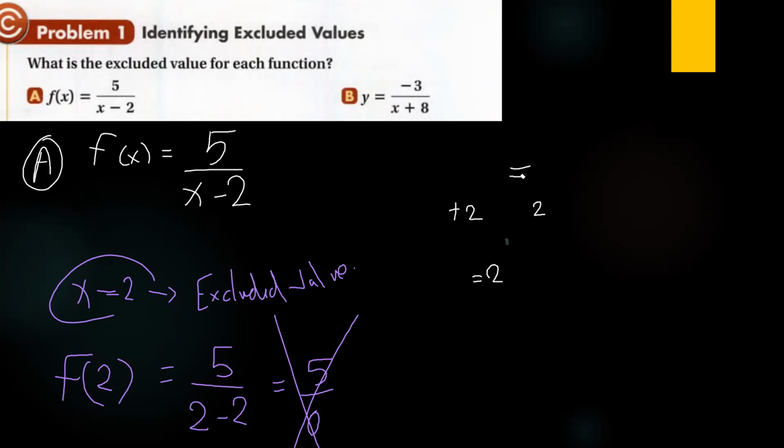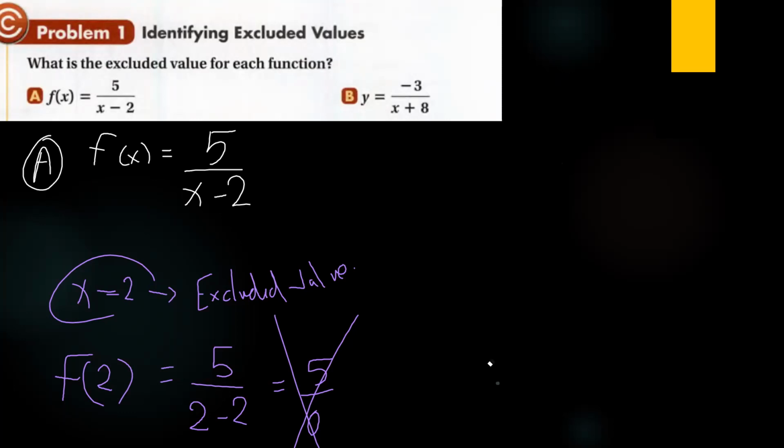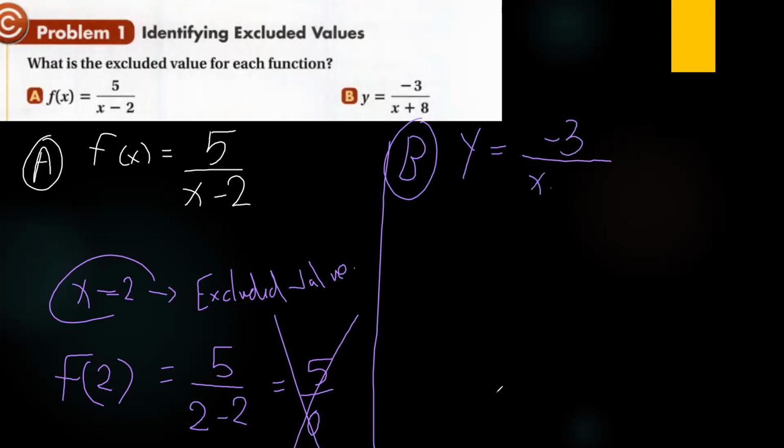Let's go now to solve B. For B, y is -3 over x plus 8. Now I need to find at which point this will be the excluded value.